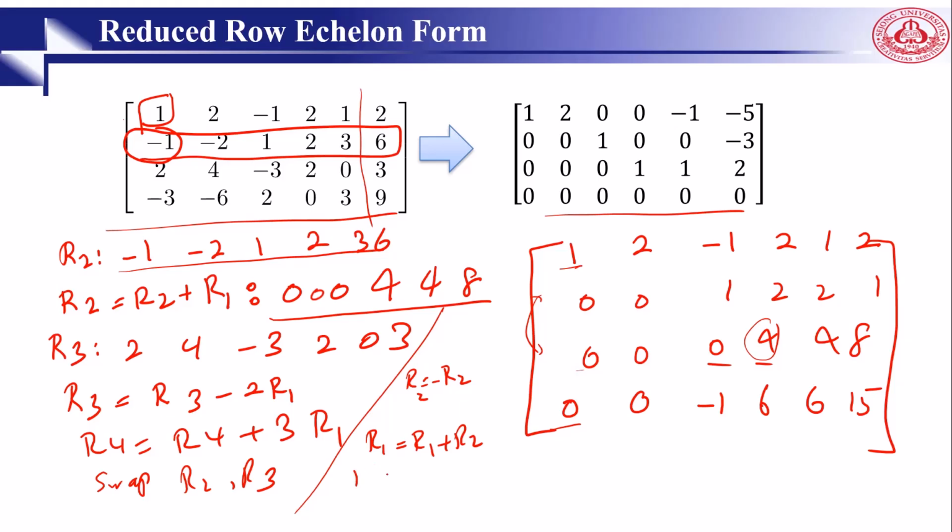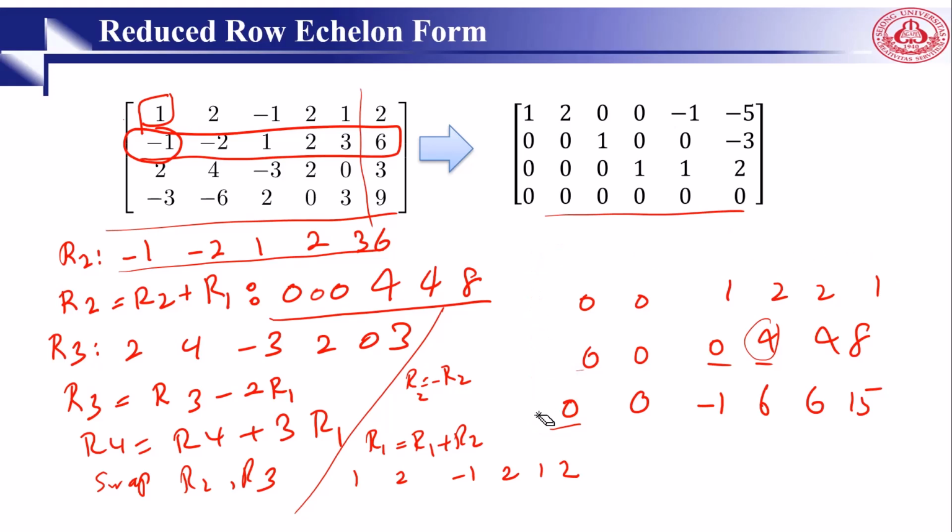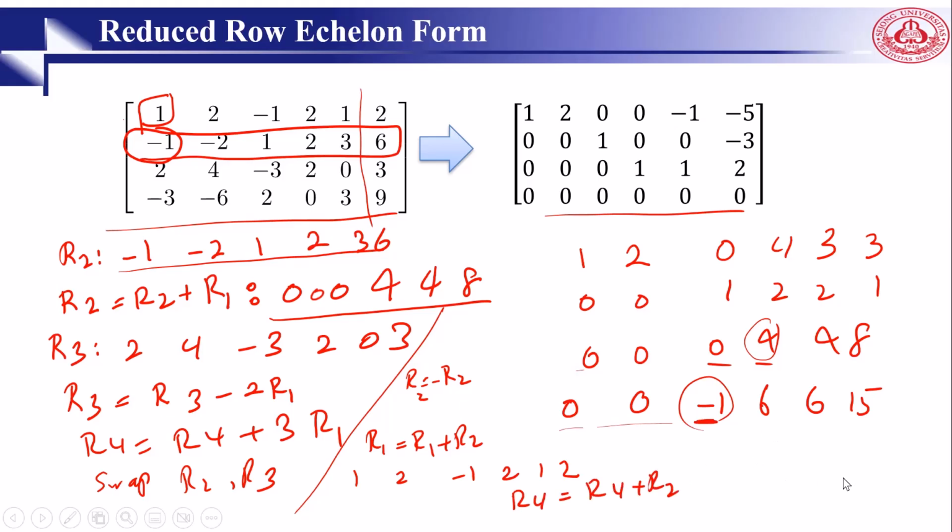R1 now is 1, 2, -1, 2, 1, 2, right? Then R1 will be 1, 2, 1, 2, 0, 4, 3, 4, 3, and 3. Then in the case of R4, we should take care of this one, right? Then I say R4 equals R4 plus R2. We want to remove this one, right? So R4 now is 0, 0, -1, 6, 6, and 15.